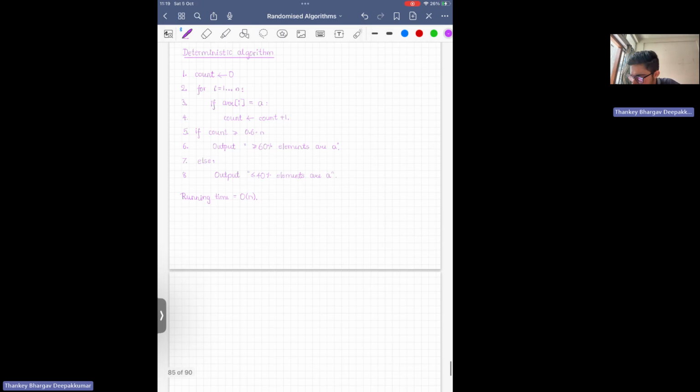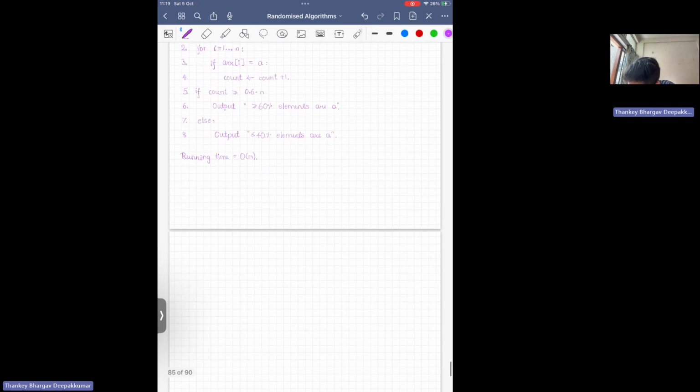So let me give the randomized algorithm. Here m is a parameter we'll fix later in the analysis.